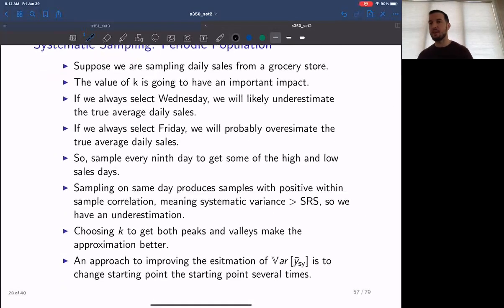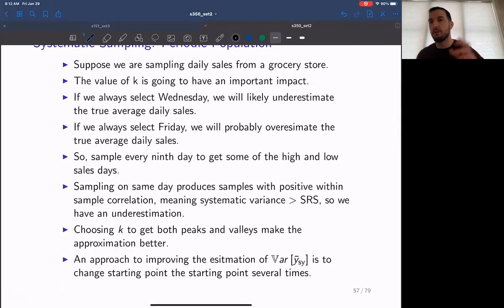To illustrate this idea, the key point with the periodic population is that, depending on the value of K that you choose for the systematic sample, if you choose K such that you're always hitting the same point on that periodic curve, then you would expect a positive rho. And if you have a positive rho, the SRS estimator is going to act as a lower bound, because the true variance is going to be larger than that of SRS because of the rho factor in equation number 3.